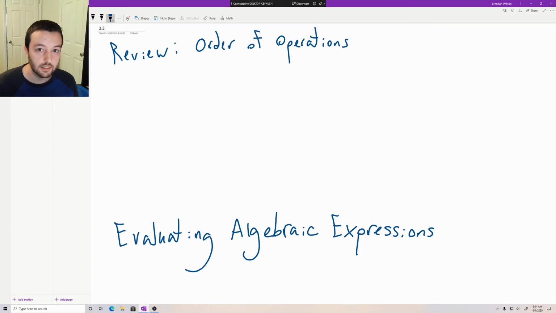Even if you're using a calculator to do this stuff, it's still important to know this order because different calculators will handle order of operations differently. For example, if you have a typical Android phone, the calculator will work so that you can type in everything exactly how it is, and it'll evaluate it based on the order of operations here.